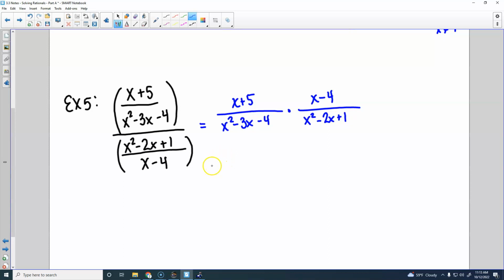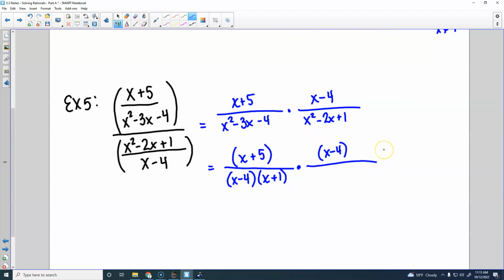And then we can factor. So we'll have x minus 4, x plus 1 here. I'm going to put this x plus 5 and the x minus 4 in parentheses. It's not necessary, but it helps you keep your factors separate there. And then we'll have x minus 1, x minus 1.